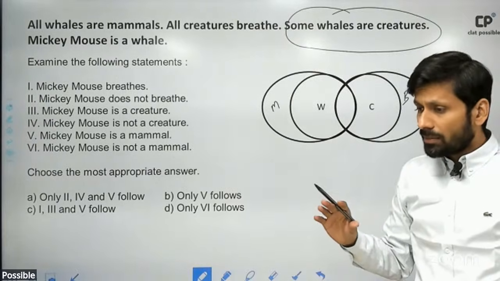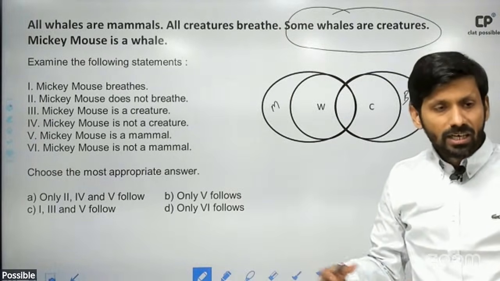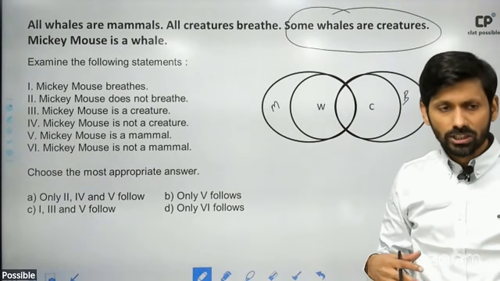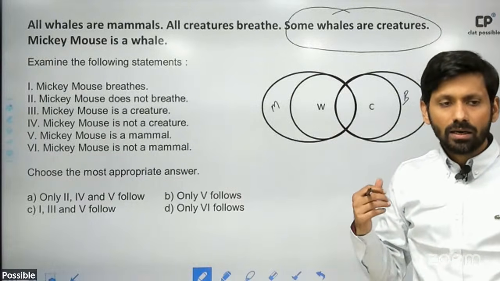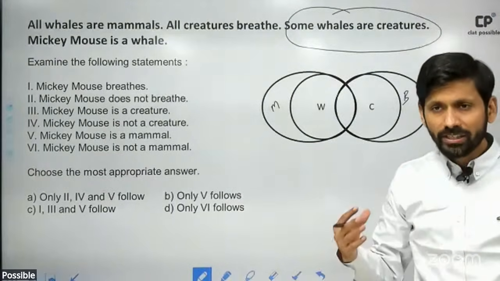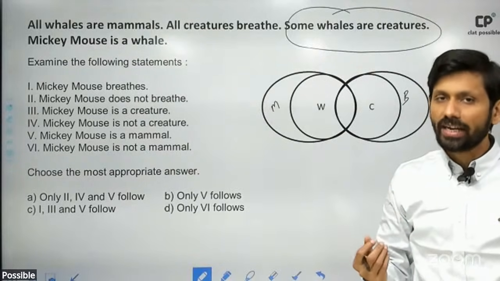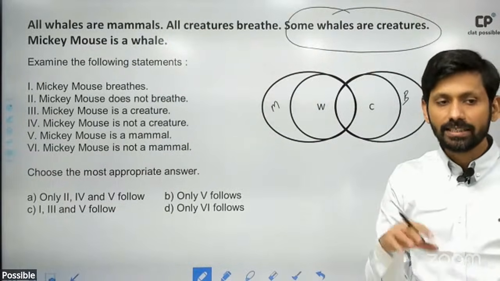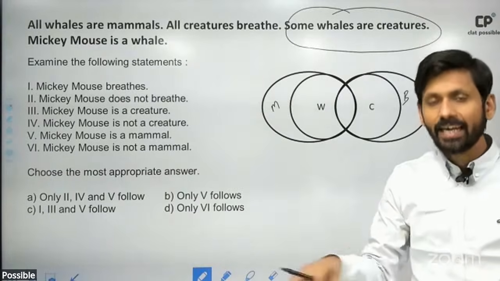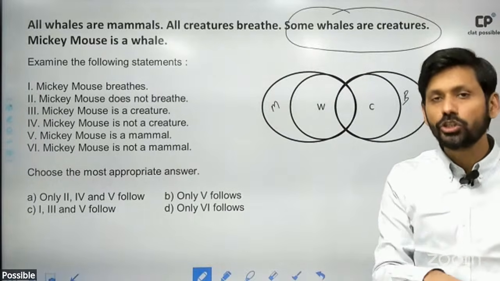Now, since this is the revision class, we will be solving these questions fairly quickly. For those who haven't done syllogism using Venn diagrams, I have previously taken a detailed session on syllogism on YouTube.